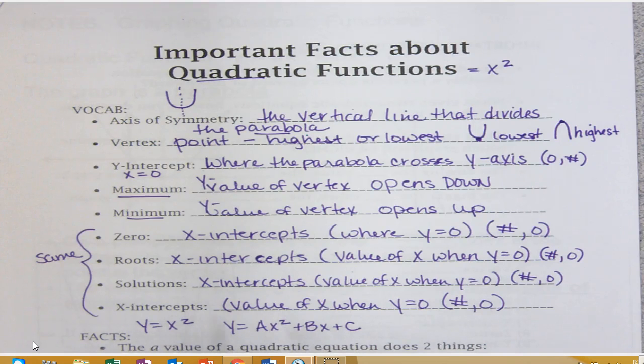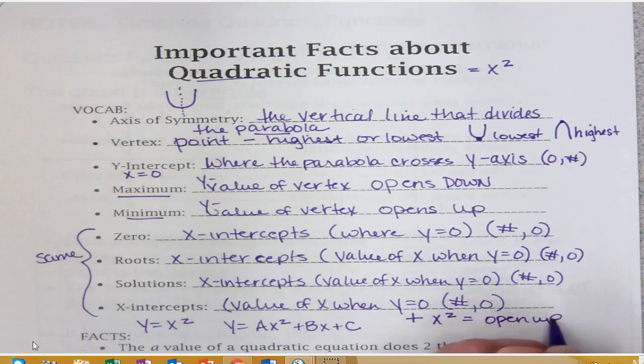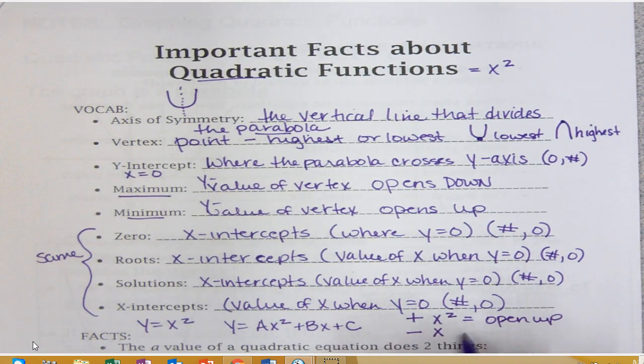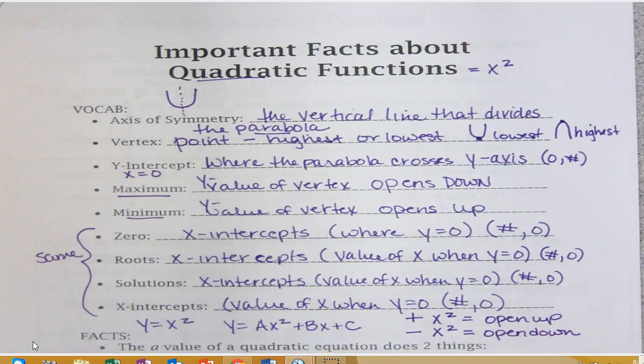And a can be positive or negative. When it's positive x squared, the parabola will open up. When it's negative x squared, the parabola will open down.